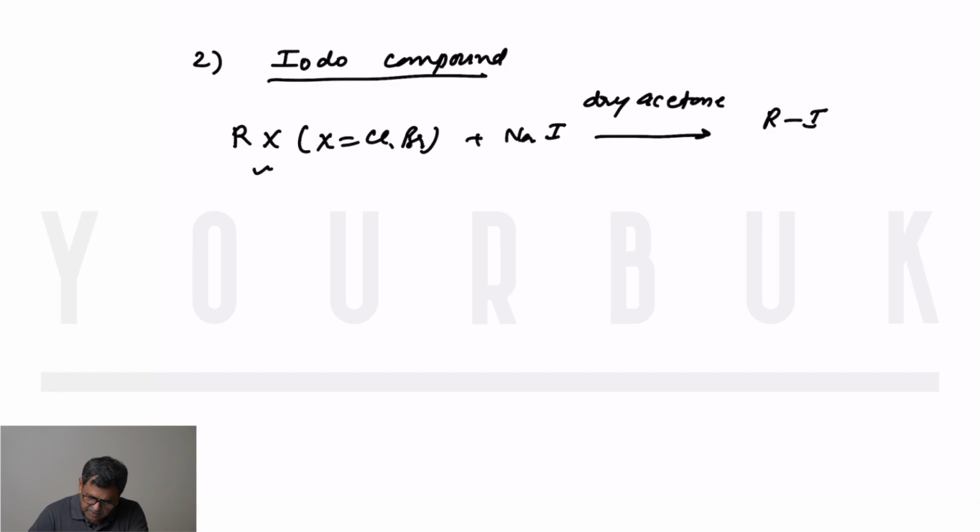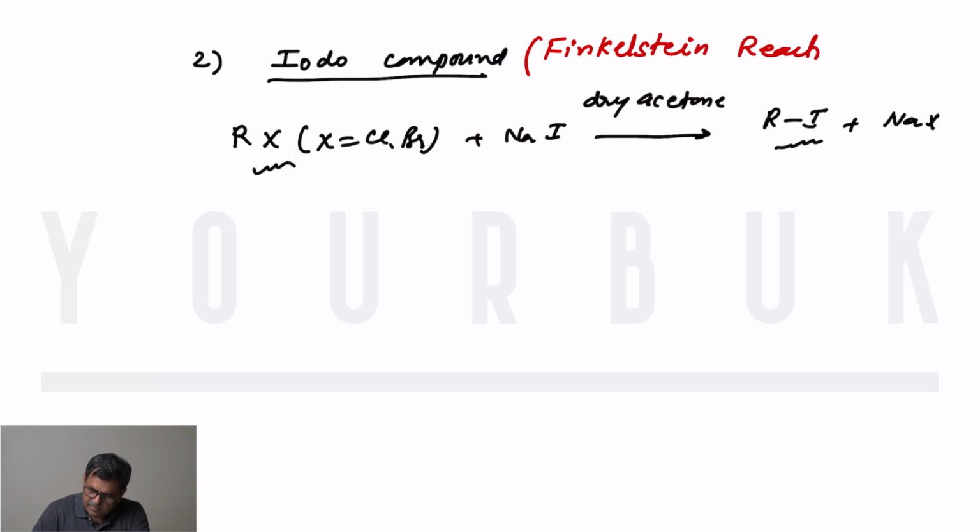So X has been replaced by iodine and our side product is NaX. This reaction is called the Finkelstein reaction. All named reactions have a specific reagent. You can't change anything.